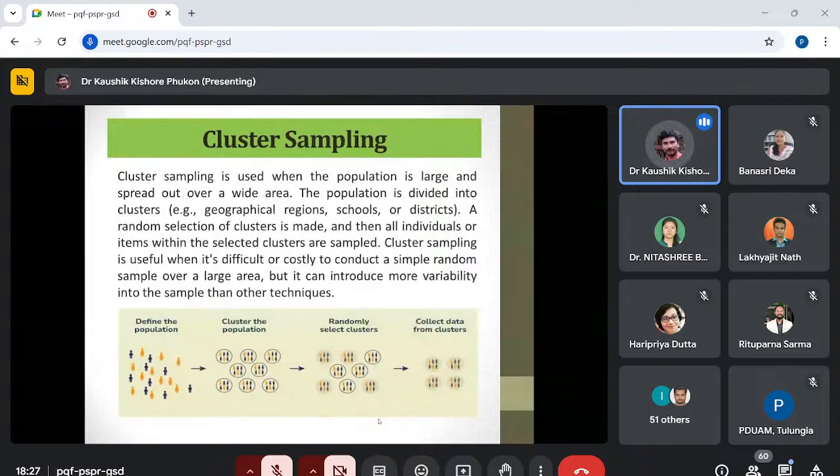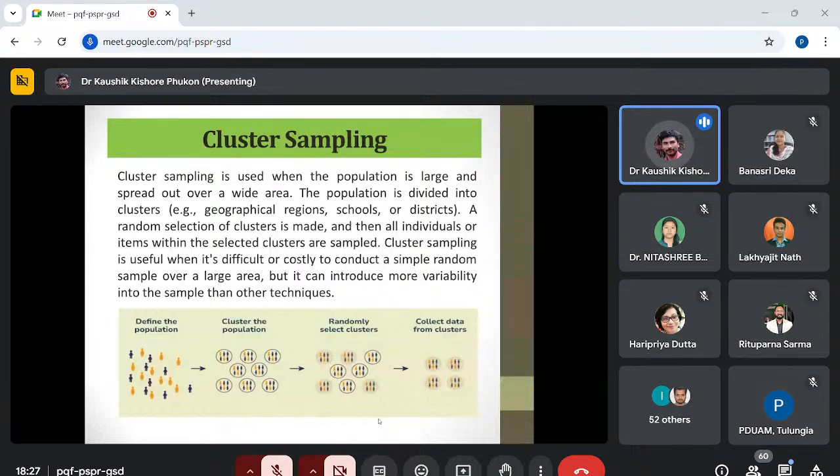The population is divided into clusters. A random selection of clusters is made, and then all individuals within the selected clusters are sampled. Cluster sampling is useful when it's difficult or costly to conduct a simple random sample over a large area.